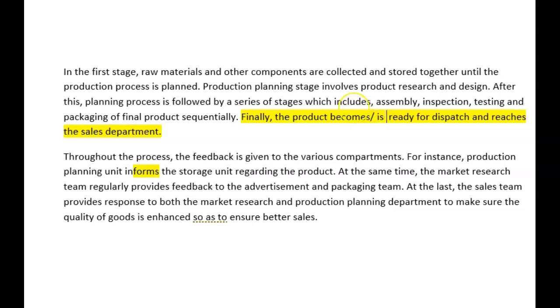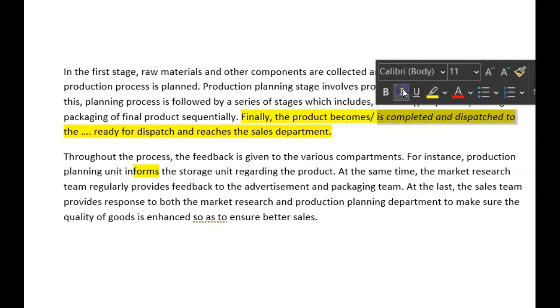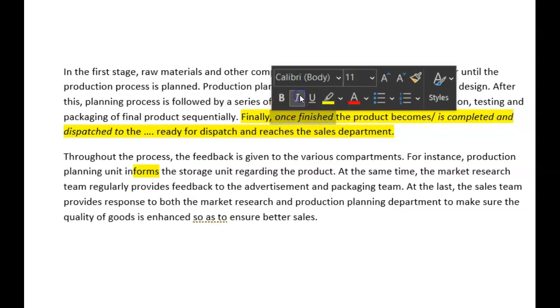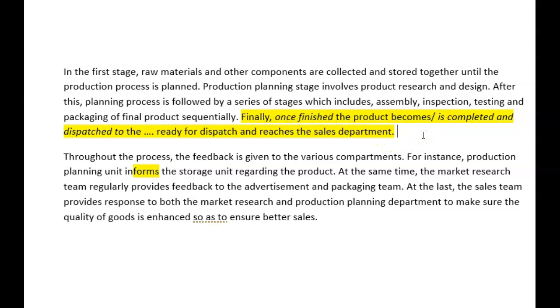So I was saying is completed and dispatched to the. Okay, just because for me, this is all an exercise in use of the passive. So then once completed, maybe you could put in there, or once finished, or something like that, because it's a chance to show off quite sophisticated grammar here.